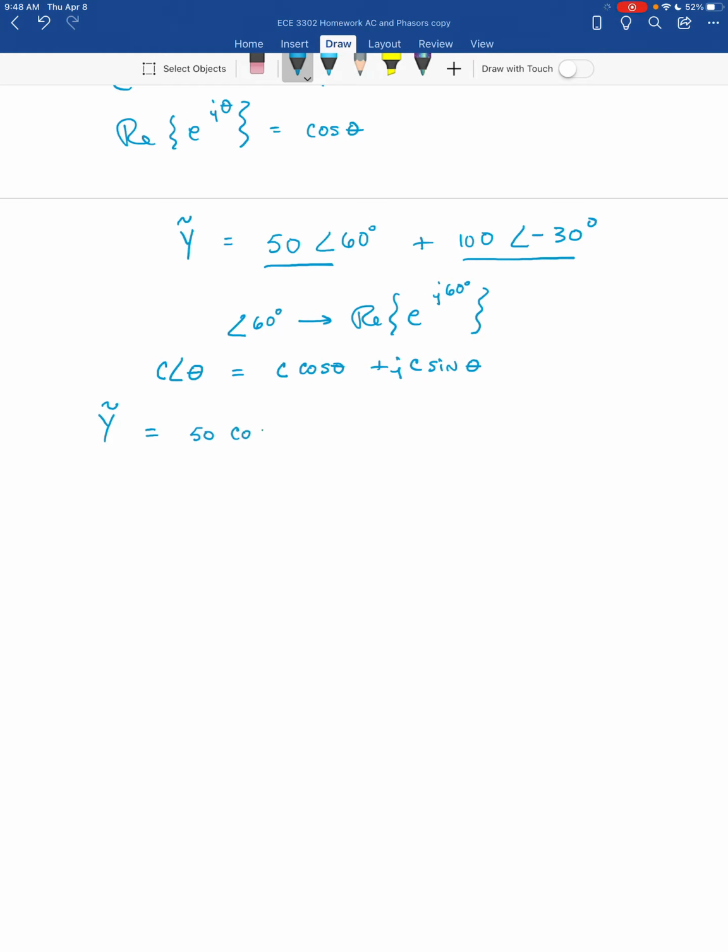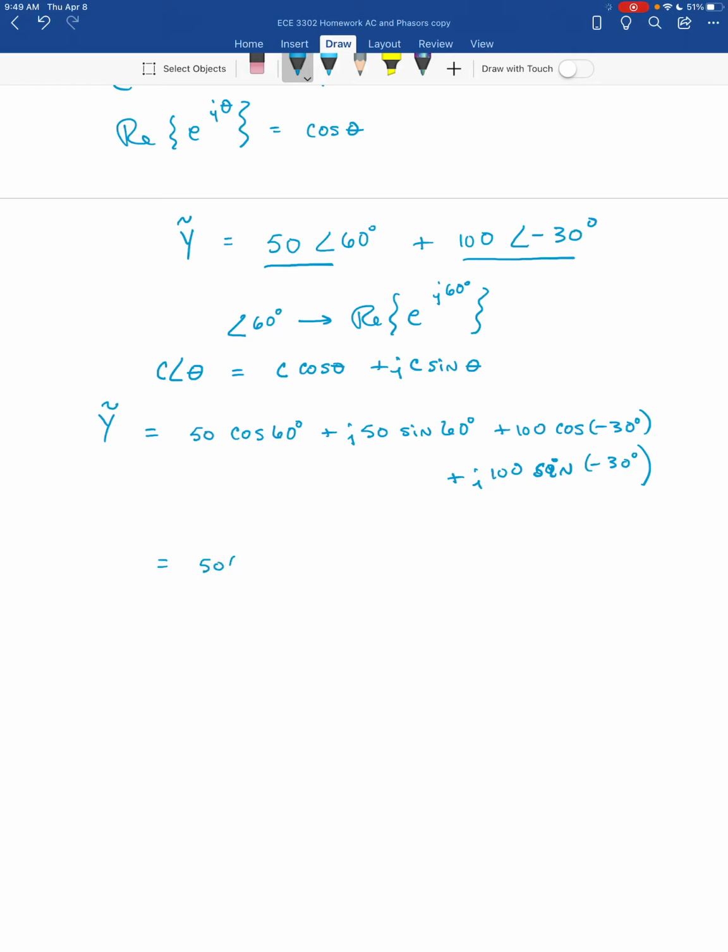So what we want to do is say that's 50 cosine 60 degrees plus j 50 sine of 60 degrees plus 100 cosine of minus 30 degrees plus j 100 sine of minus 30 degrees. Now we're going to do the calculation, and then combine real parts and imaginary parts.